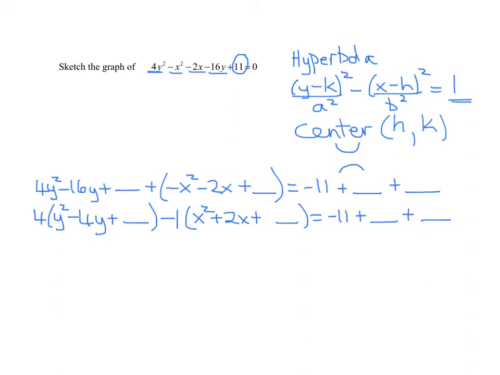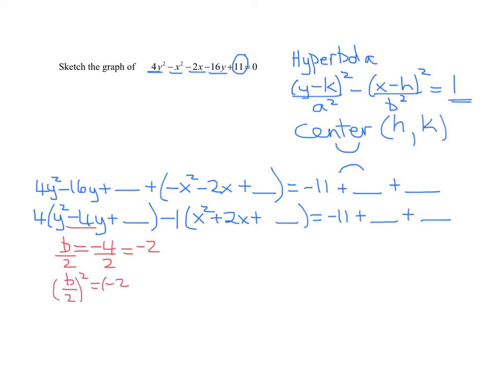So now we're ready to complete the square just like we've done before. So we're going to take, for the y's, we find the b term. Here's the b term, negative 4y. So we take b, which is negative 4. We divide it by 2. Negative 4 divided by 2 is negative 2. And then we're going to take that b over 2 term, and we're going to square it.